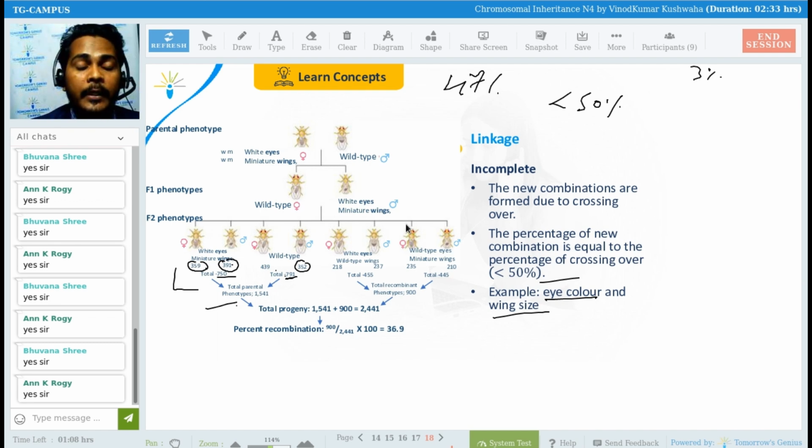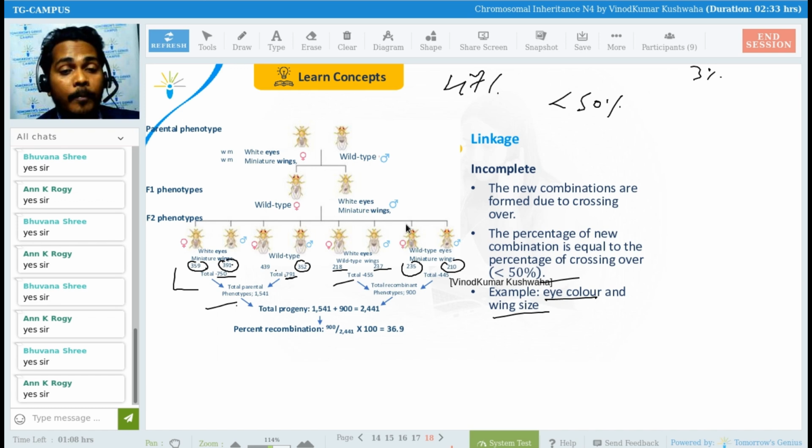But what are the offspring or recombinants, or new combinations? Wild type eye with miniature wings is 218 female and 257 male. So total becomes 455. That is a new combination. Another one is white eye with wild type wings, which has 335 and 210. So total becomes 450.